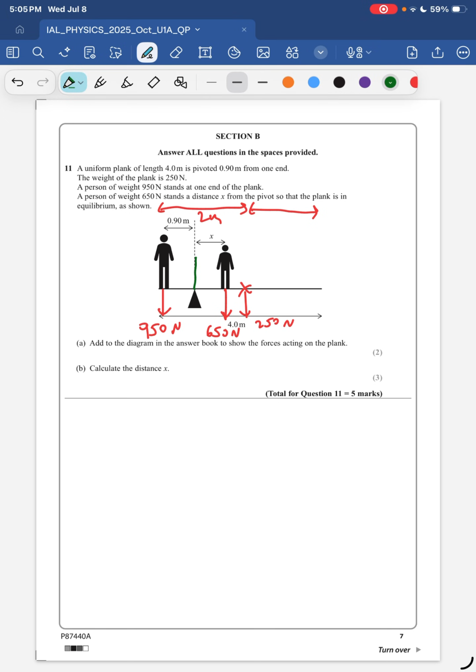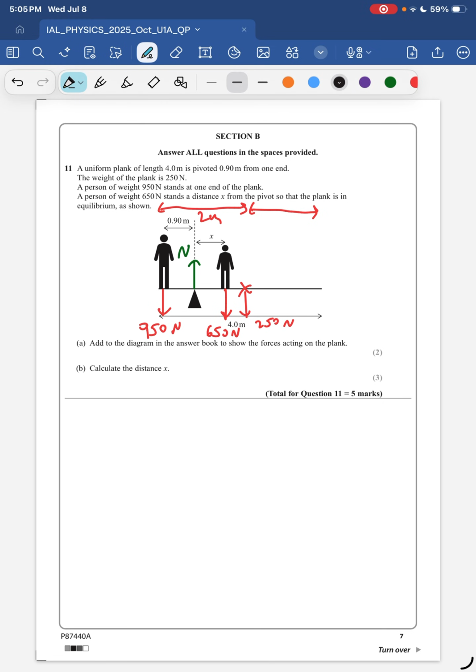And then we also need the reaction from the pivot that points up. Even though they don't ask, the reaction force should be equal to the sum of the other three forces for equilibrium. Then in part B, they ask us to calculate the distance x.